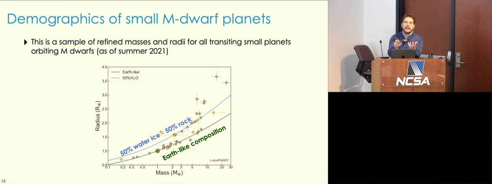So if you take a planet like the Earth and decrease it in size all the way to 0.5, half the size, it would have a mass of 0.1 if it has exactly the same composition as the Earth. And if you extend it all the way to a planet 30 times more massive than the Earth, it would have a radius 2.5 times larger, just because of the composition. Putting 30% iron and the rest rock, you get this green line.